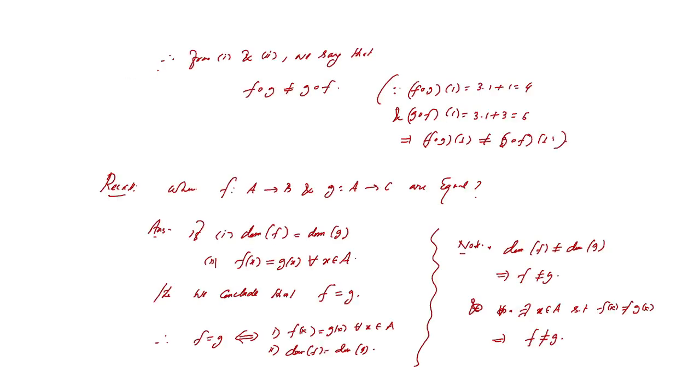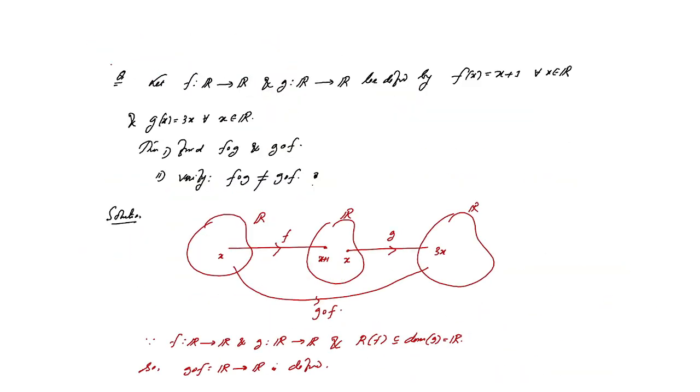Our conclusion from this example, the composite f composed g not equals g composed f, so composition of mapping is not commutative.